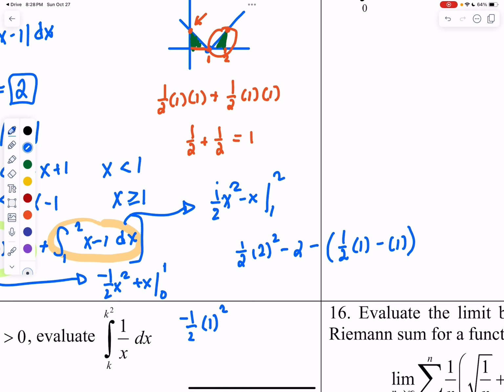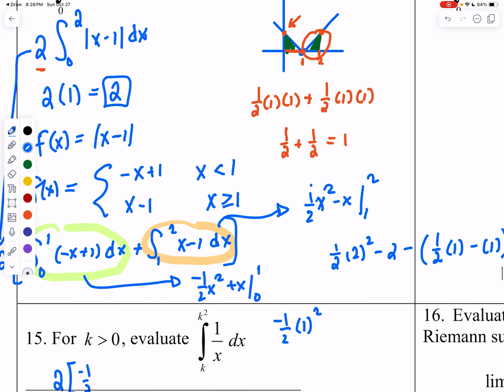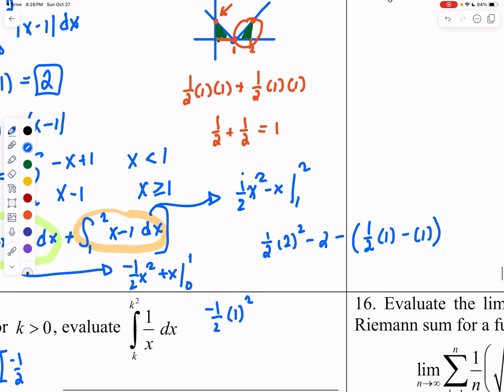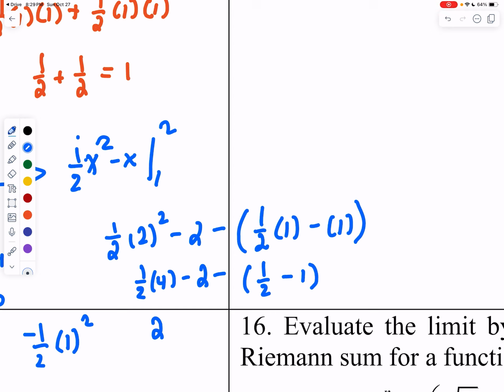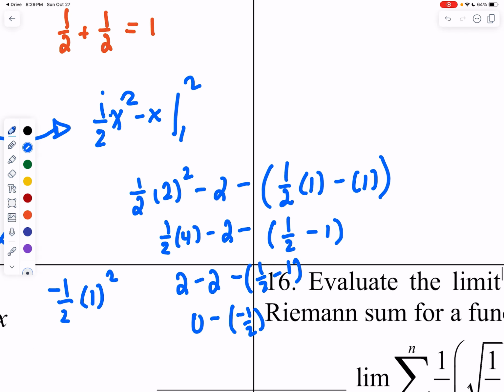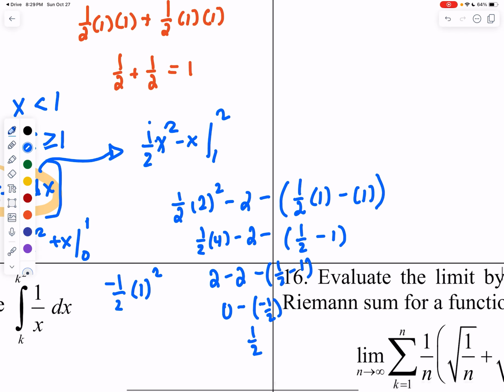And at this point, I do want to simplify because I want to prove that my answer is 2. So here, 4 minus 2 minus 1/2 minus 1. So I have 2 minus 2 minus 1/2 minus 1, 0 minus negative 1/2, which is just 1/2.